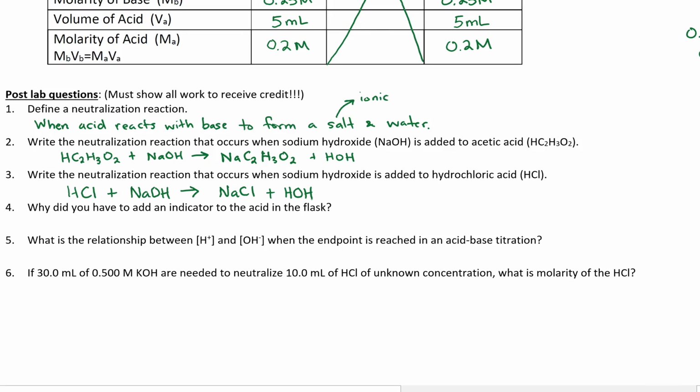Why did you have to add an indicator to the acid in the flask? So both the acid and the base are colorless solutions.